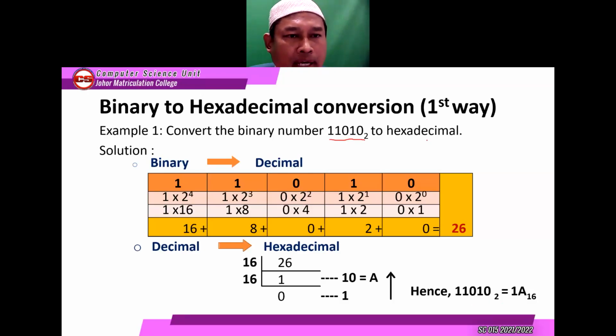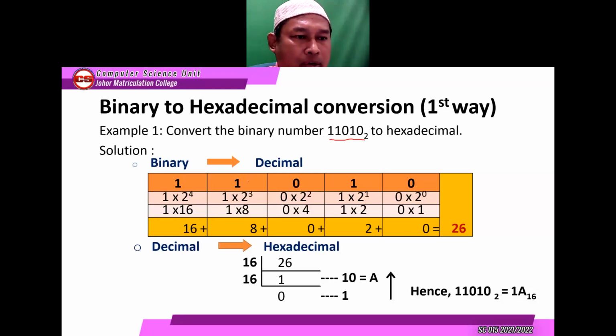In the first way, you must convert to decimal number first. All right. So how to convert from binary to decimal numbers? The formula is power of 2.